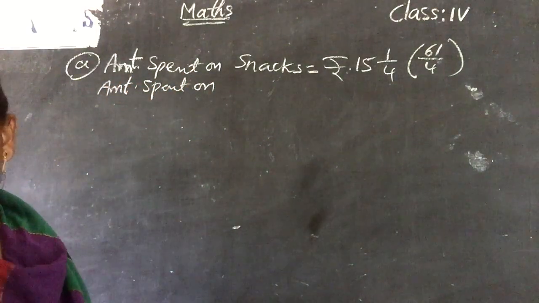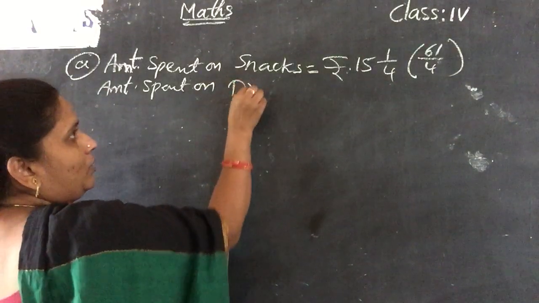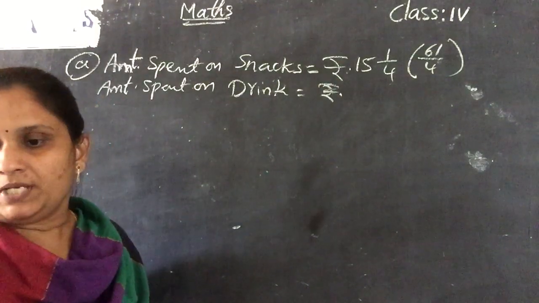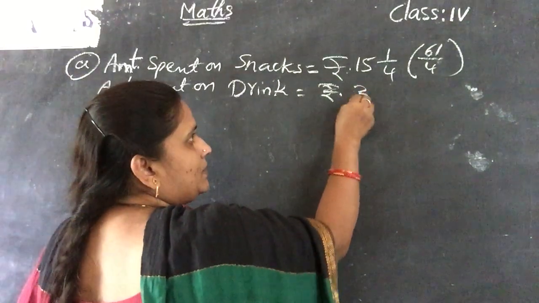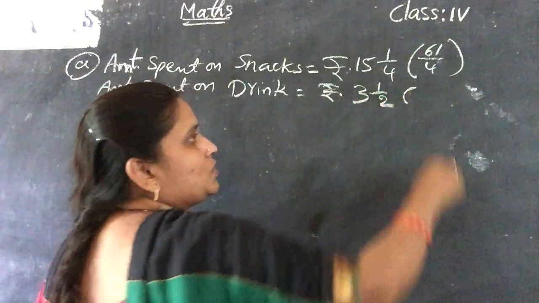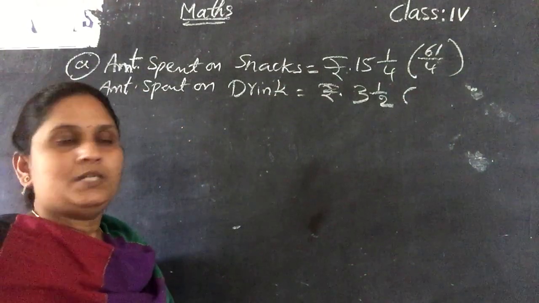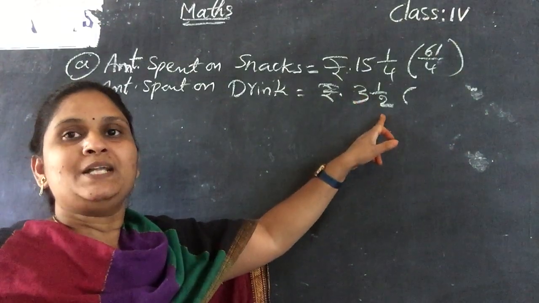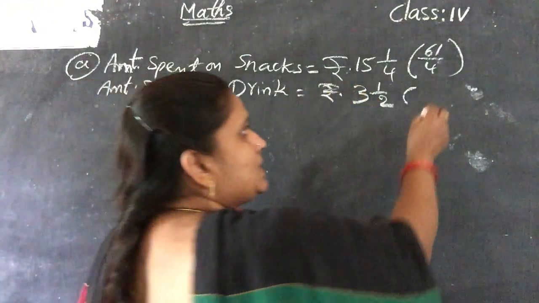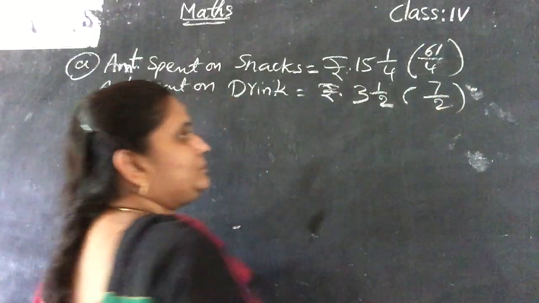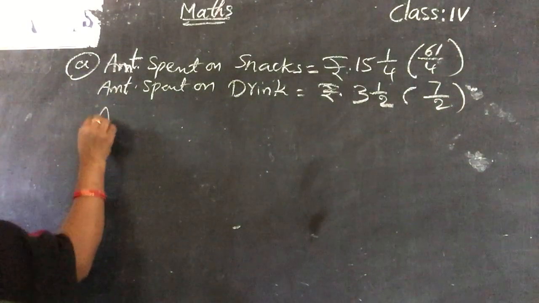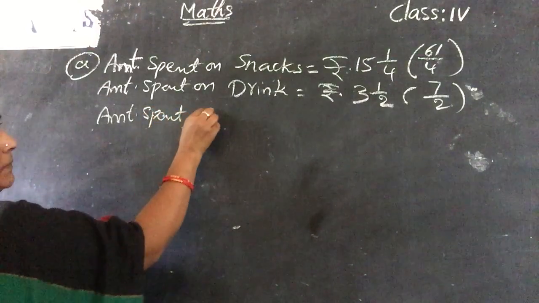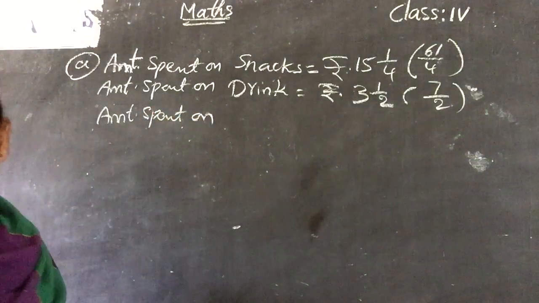Okay, next, second step: amount spent on drink is equal to rupees, how much? 3 1/2. So this also we convert into an improper fraction. The whole number and denominator both have to multiply: 3 2s are 6, 6 plus 1 is equal to 7/2. Next, third one, amount spent on travel.